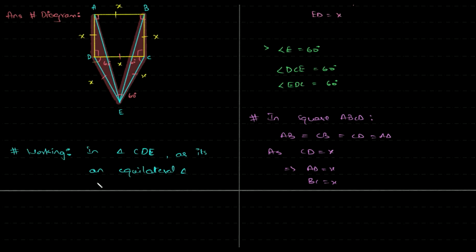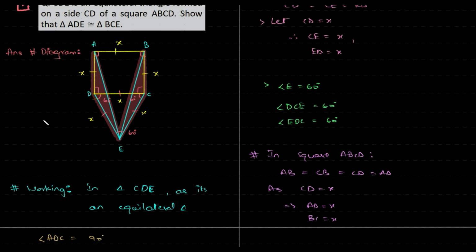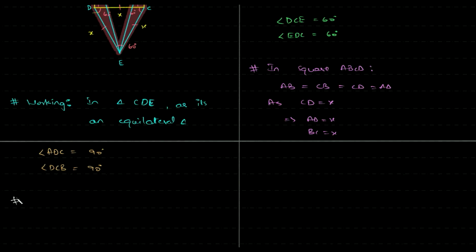Along with this, what we need is angle ADC equal to 90 degrees and angle DCB also equal to 90 degrees. Okay, right guys? And we are almost done with the proof.